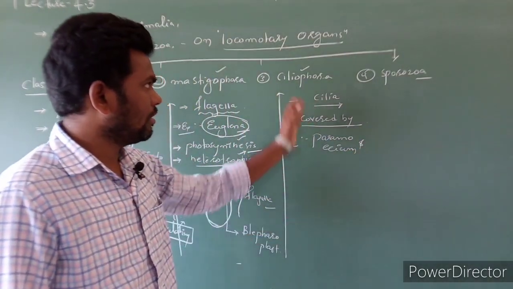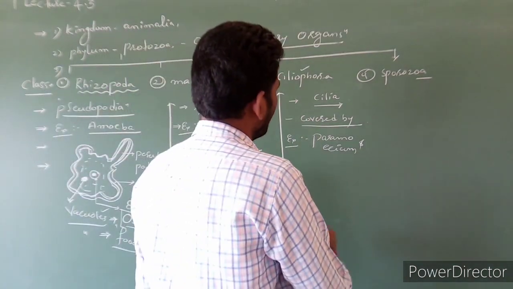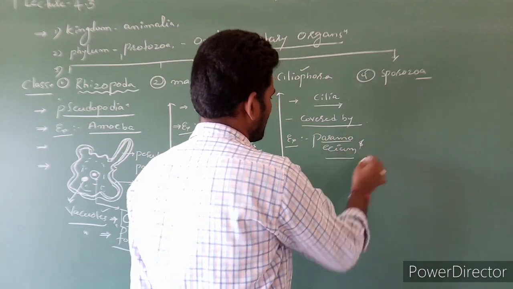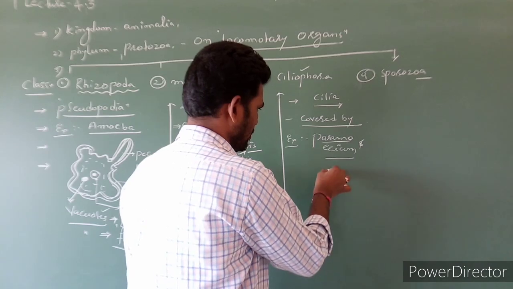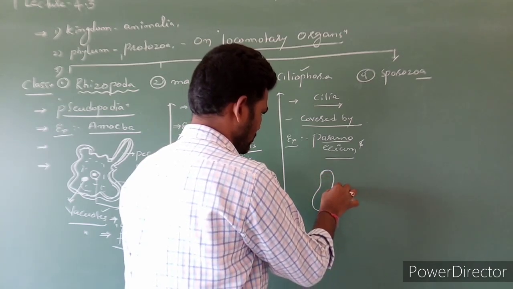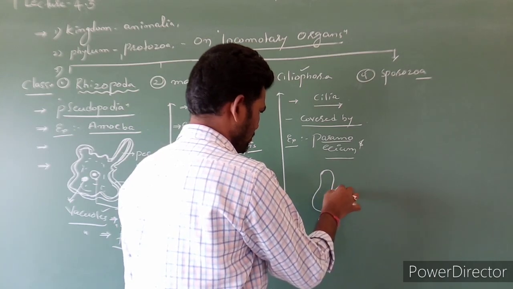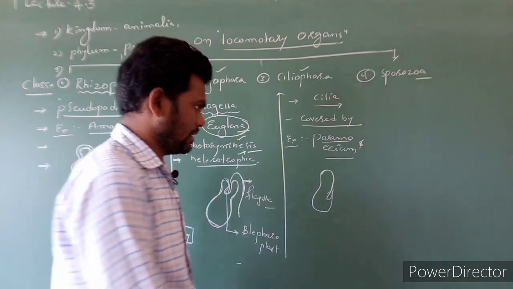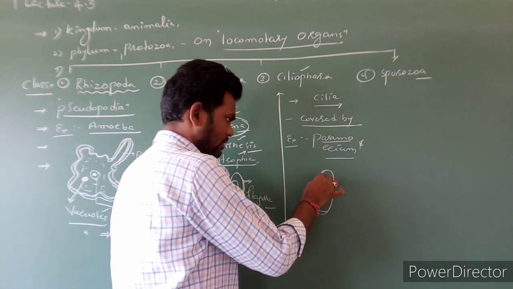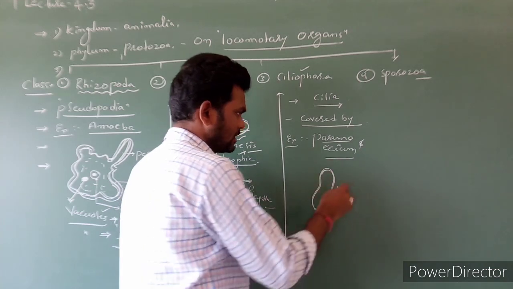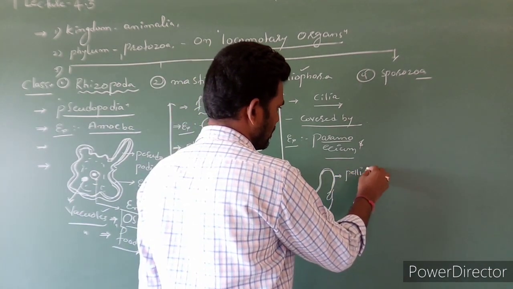So these are examples of Ciliophora. The diagram of Paramecium is very simple, a slipper-shaped organism. And the body has a proteinaceous layer called the pellicle.